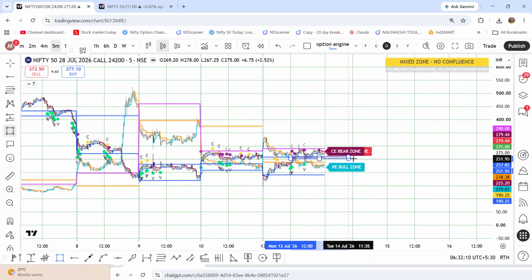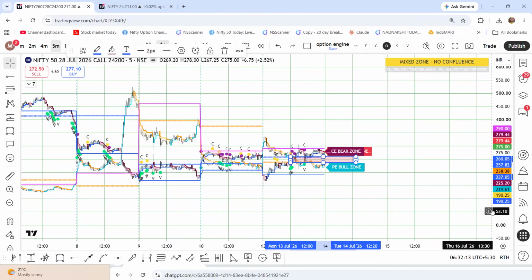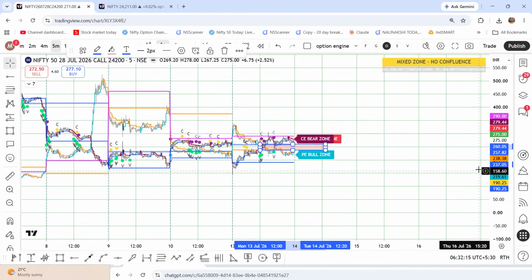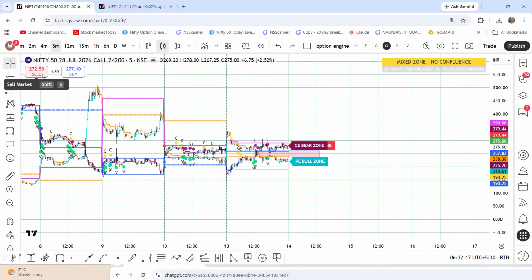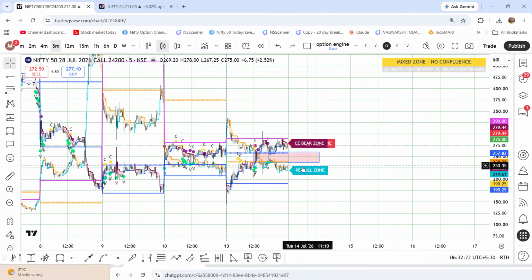Premiums are not converging or shrinking here, because you can see over here the call option is 272, and even if you place a cursor on this, both the put option and call option premiums are equal. You can apply them separately and you can see. Applying this, watch this. This is how you can make out the trade. This is the important observation.